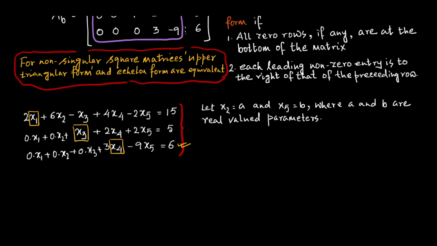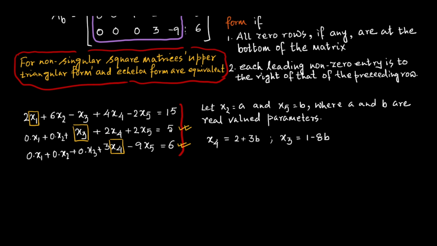If I plug in x5 equal to b, we will get x4 equal to 2 plus 3b. Now, if you plug the values of x4 and x5 into the second equation, I can find the value of x3, which will be 1 minus 8b.